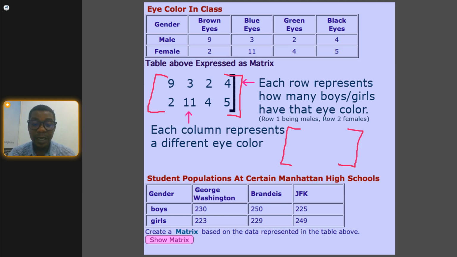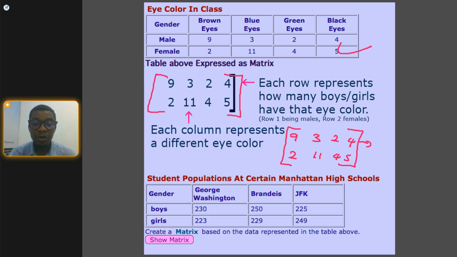Now we had 9, that is for the first person, followed by 3, 2, 4. Then for the female, we have 2, 11, 4, 5. What we have done here is just the same thing as this table.